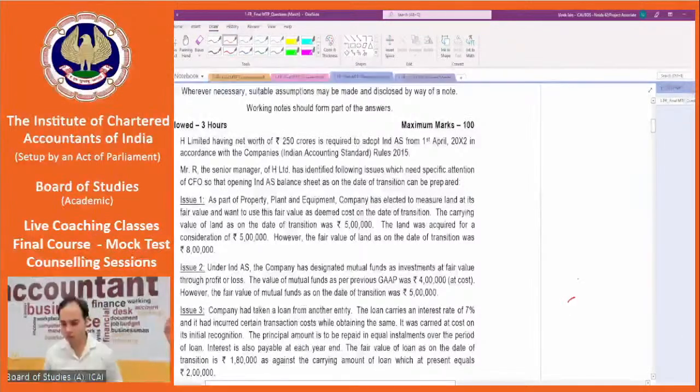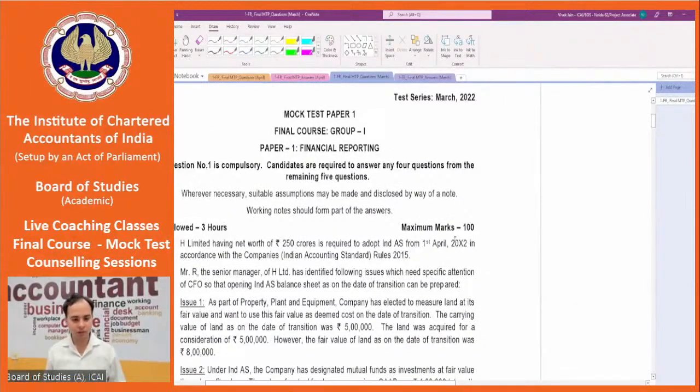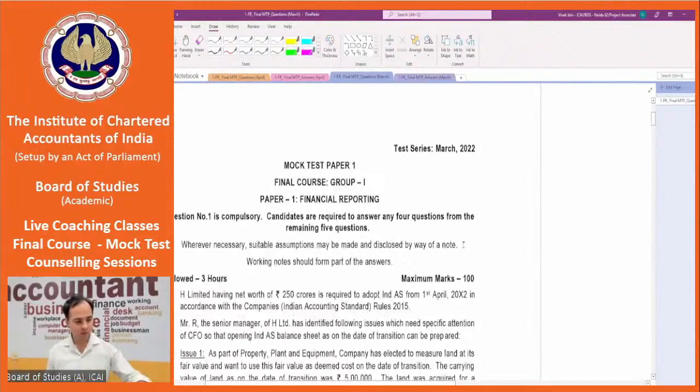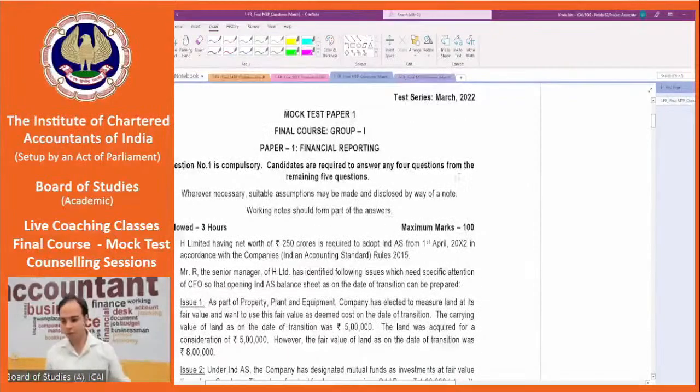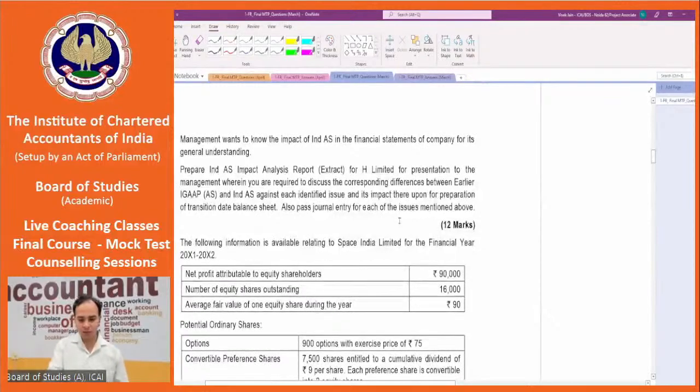So students, as we know, we have to attempt the question as per the requirements and its corresponding marks. I have just taken the first question of the March 2022 series. This question is of 12 marks.